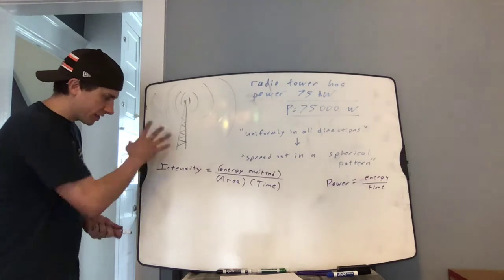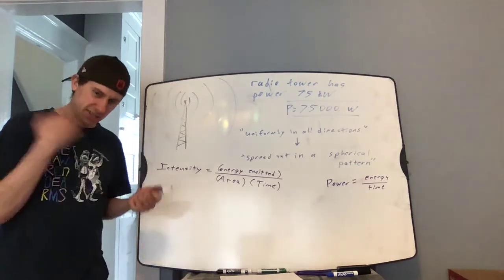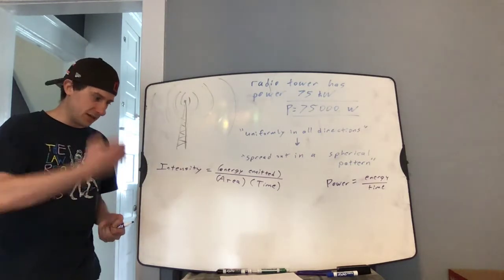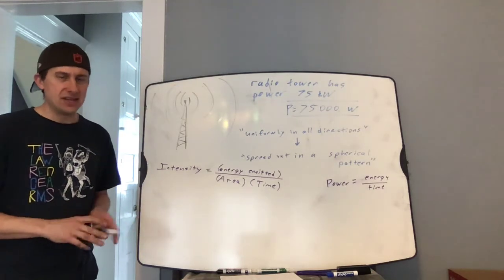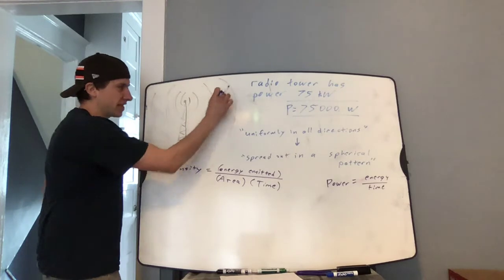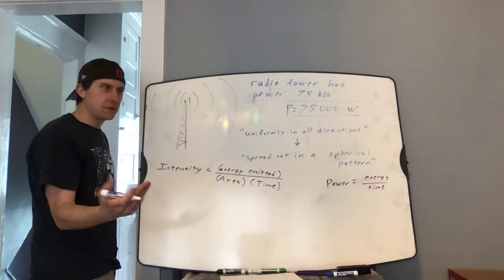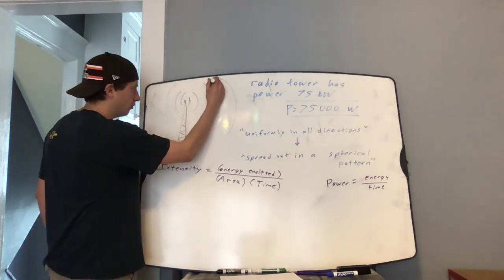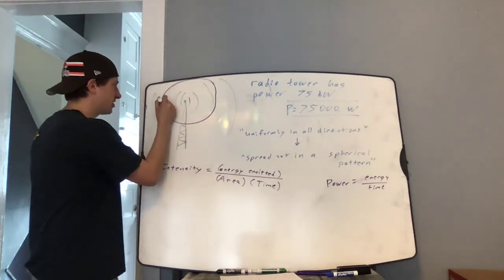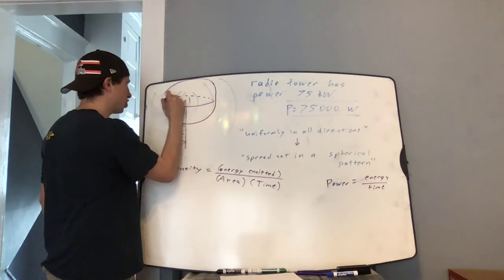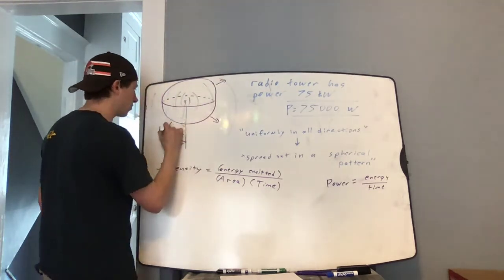What is the area? Let's think about a single signal sent out from my radio transmitter. That signal will spread out at the speed of light because it's traveling on an electromagnetic wave. At some point in the future, that signal will be right here. So this signal is going to be in the shape of a sphere that is moving away in every direction from the radio tower.